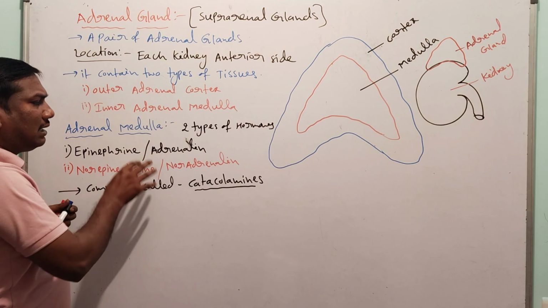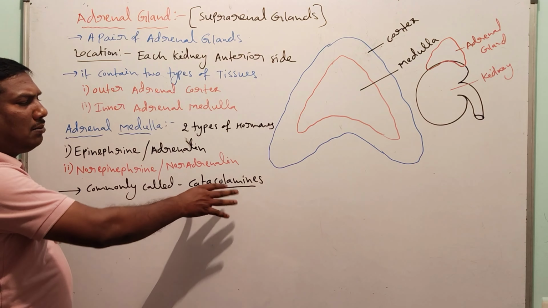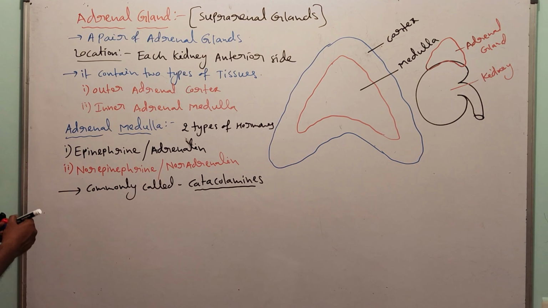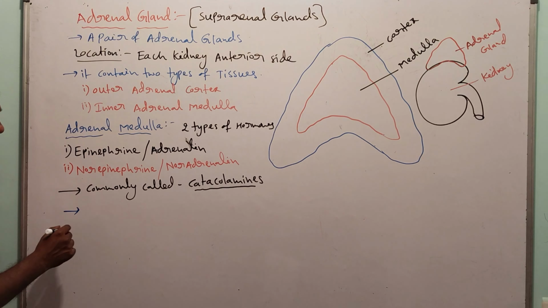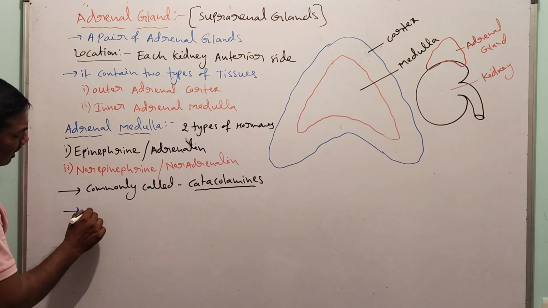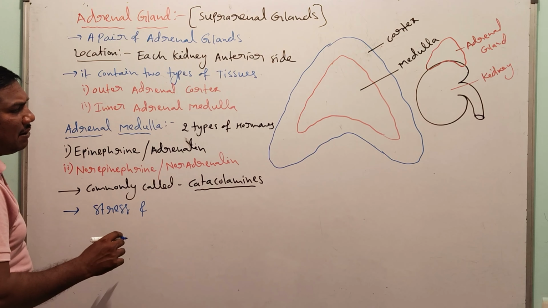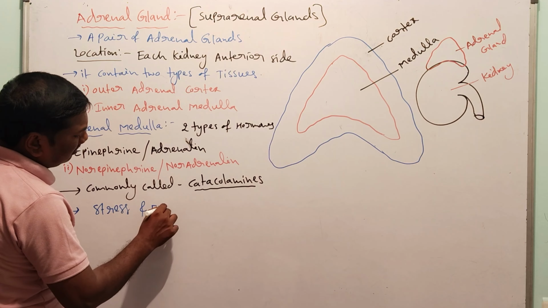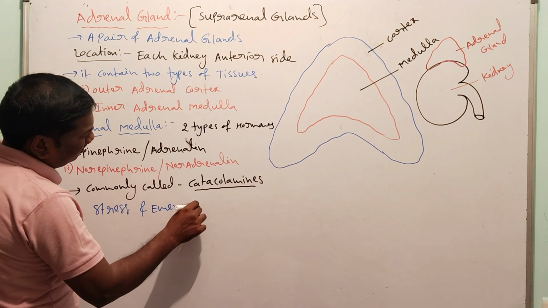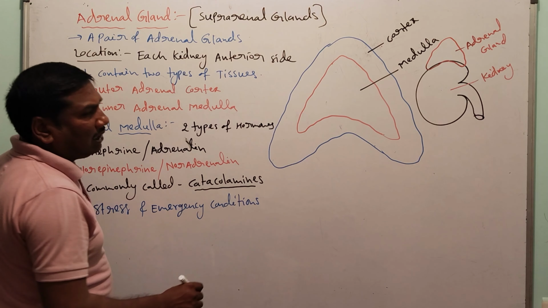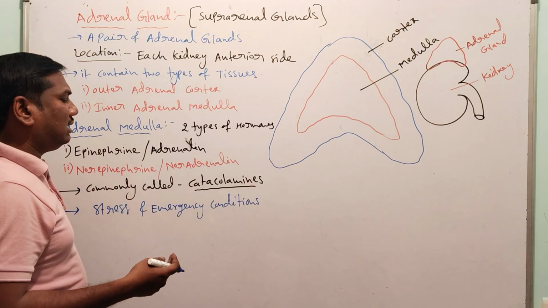The adrenal gland secretes two types of hormones, and these two types of hormones are commonly called catecholamines. These hormones are released in stress conditions and emergency conditions.